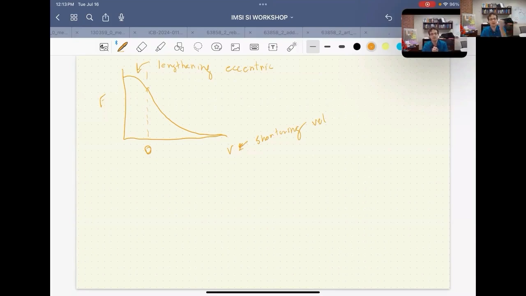Instead, what you do is you hang a load of a certain amount of mass, and then you measure the maximum shortening that the muscle can do against that load. And so it's called isotonic, or under a constant load. And actually, for those of you who are careful with your graphs, really these should be plotted the other way, because usually you put the independent variable on the x-axis and the dependent variable on the y-axis.